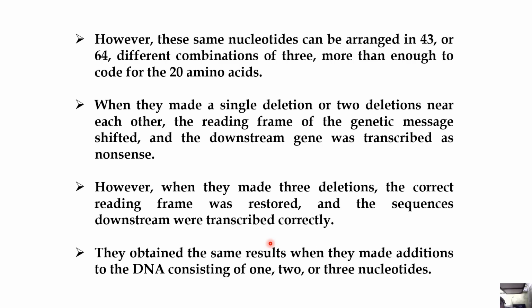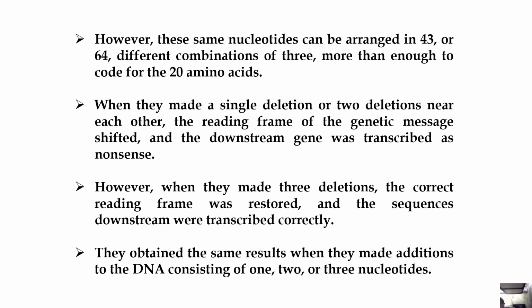They obtained the same results when they made additions to the DNA consisting of 1, 2, or 3 nucleotides. However, the same nucleotides can be arranged in 4 cubed, or 64, different combinations, more than enough to code for 20 amino acids.